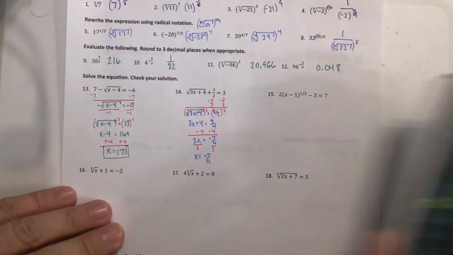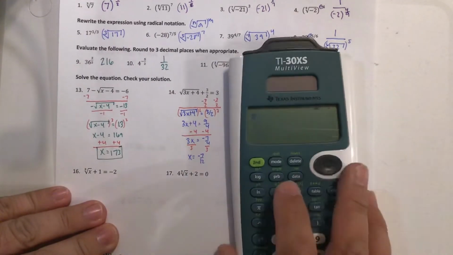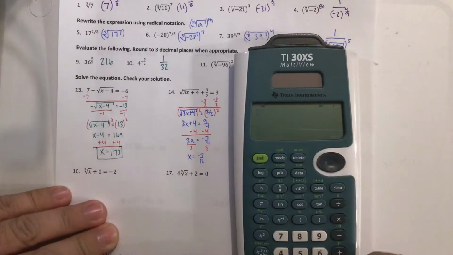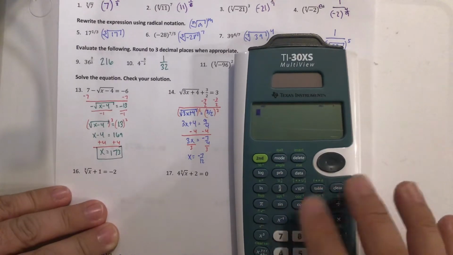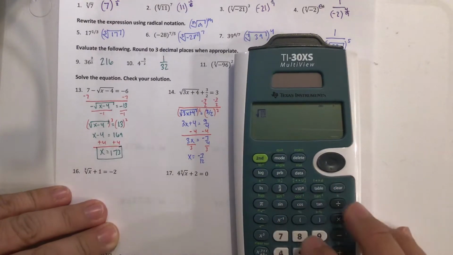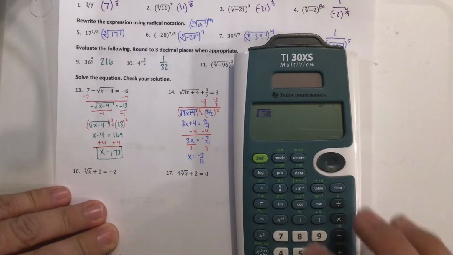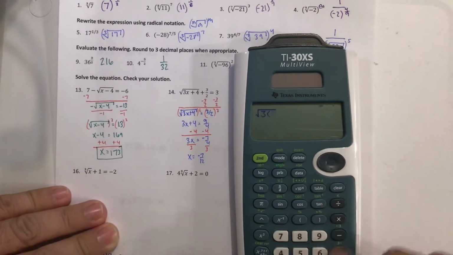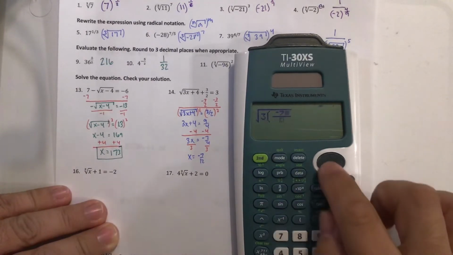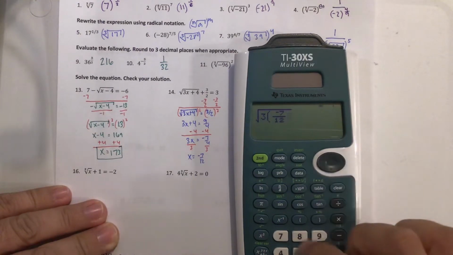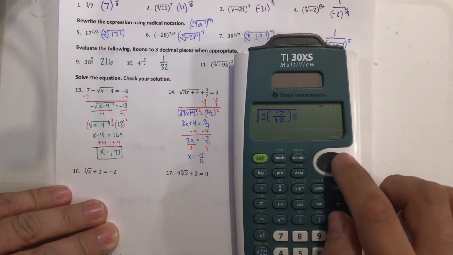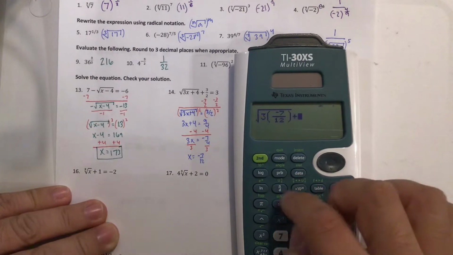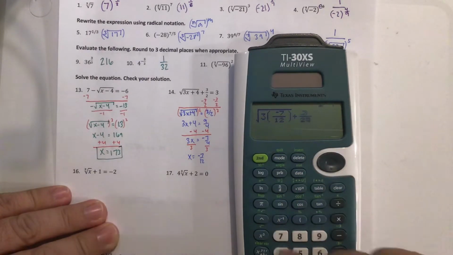And we're going to verify that that answer is correct. So let's go ahead and plug it in. The square root of 3 times negative 7/12, and then we have plus 3 halves. And this should equal 3.